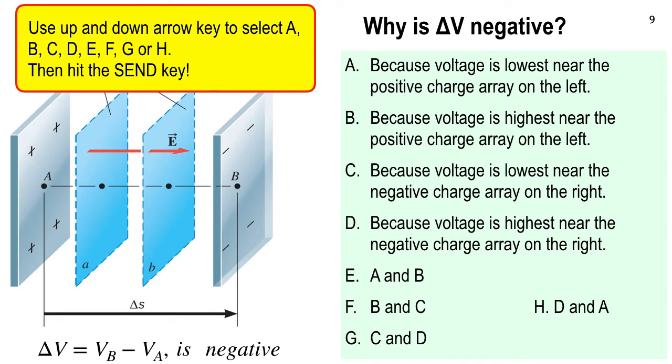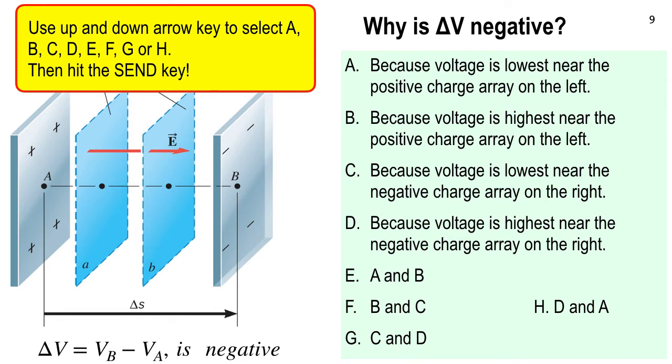Okay, hit the refresh key on your clicker and type in a letter. You're going to have to use the up and down arrow keys to type in, if you want something other than A, B, C, D, and E. So look at your answers, and then use your up and down arrow keys and think.